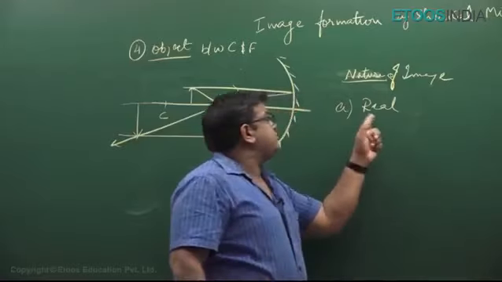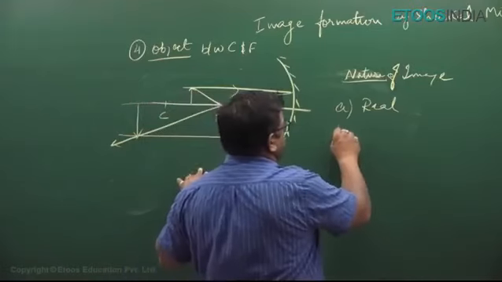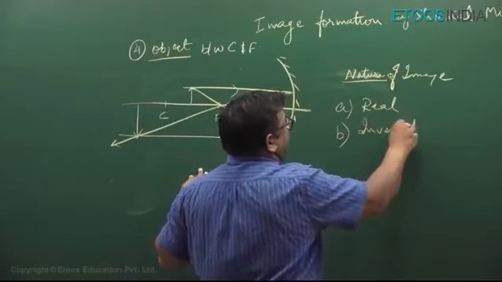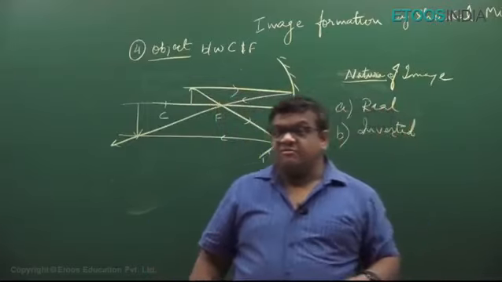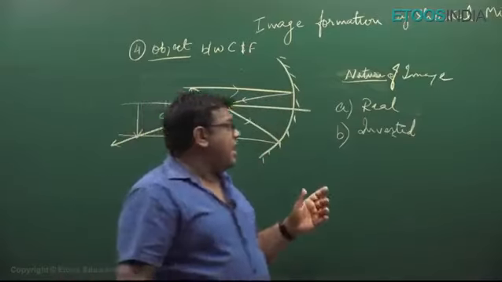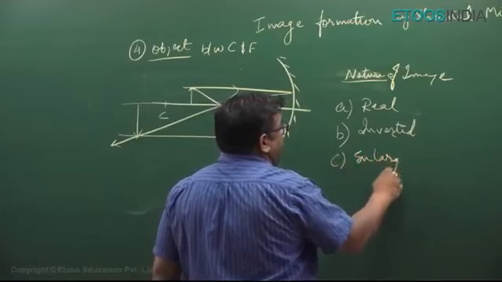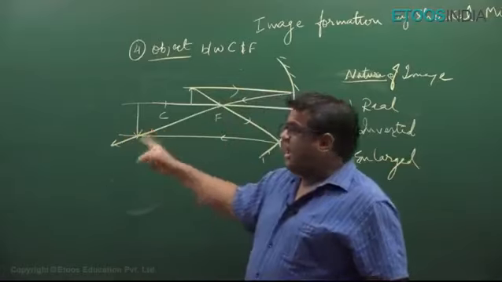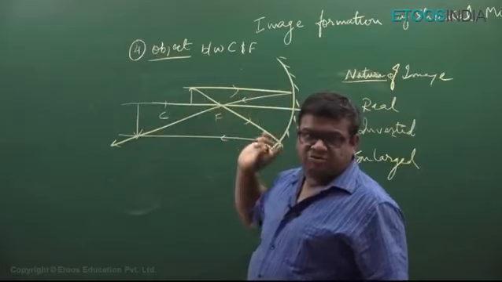Why real? Because the rays are actually meeting after reflection. Then inverted, because any image which is real will be inverted only, and enlarged. As we can see, these rays are meeting at this point, and when we join it, the size of the image is more than the size of the object.